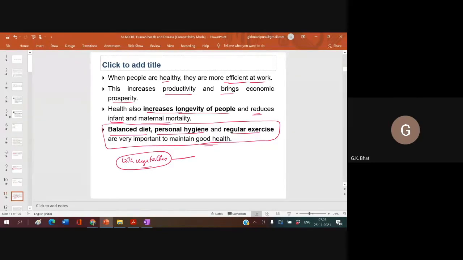Then go for the rest. But what do we do? We start our lunch or dinner sometimes with the starter. Then we go for appetizer. Am I right? With this starter and appetizer, about half of the stomach gets filled. Then we go again for some more fried items, then all the sweets.